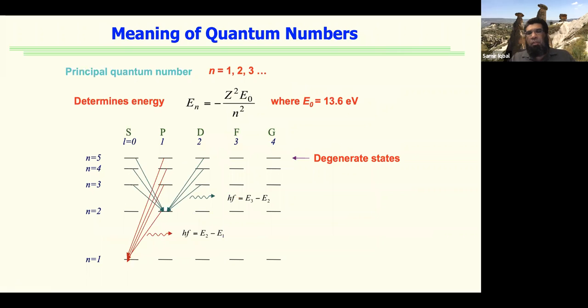Now, if you talk about the principal quantum number, we know that there are energy levels, energy states, and if a particle goes from a higher energy state to a lower energy state, like it's shown here with these dark green lines, particles may be jumping from n5 or n4 or n3 to n2.